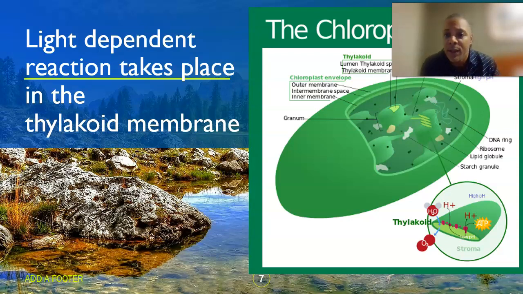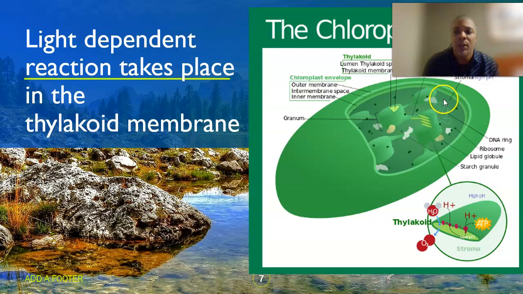Now within the chloroplast, you can also see the starch granule, the lipid granule, as well as the ribosome and DNA ring right over here. These are all within this chloroplast.